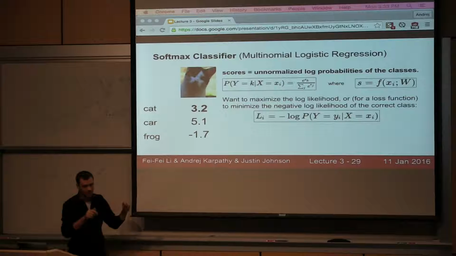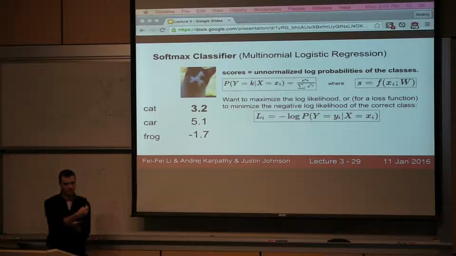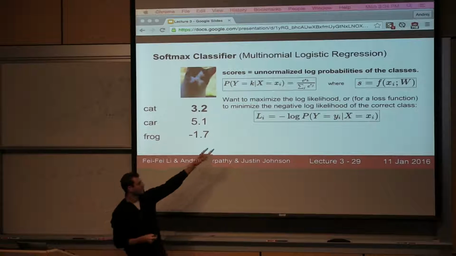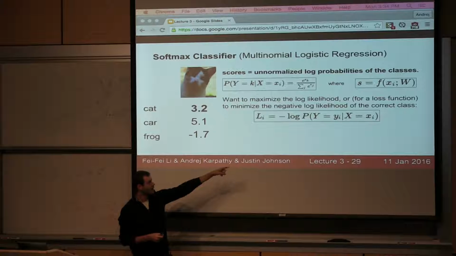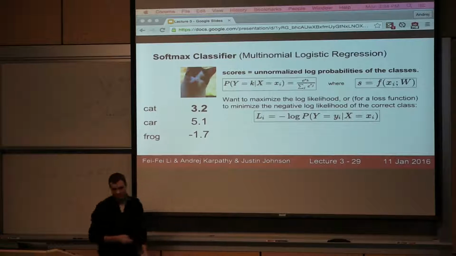And since we're writing a loss function, we want to minimize the negative log likelihood of the true class. Okay? So you end up with a series of expressions here. Really, our loss function says we want the log likelihood of the correct class to be high, so the negative of it should be low. And the probability is the softmax function of your scores.